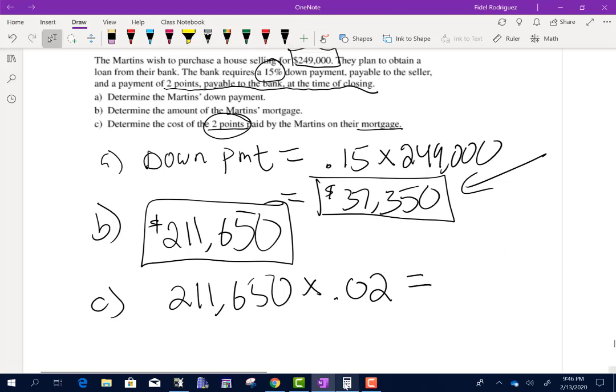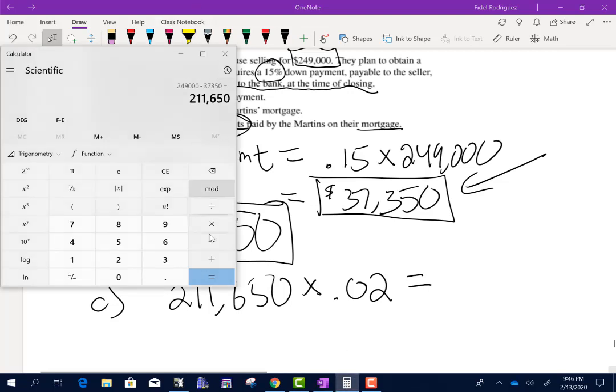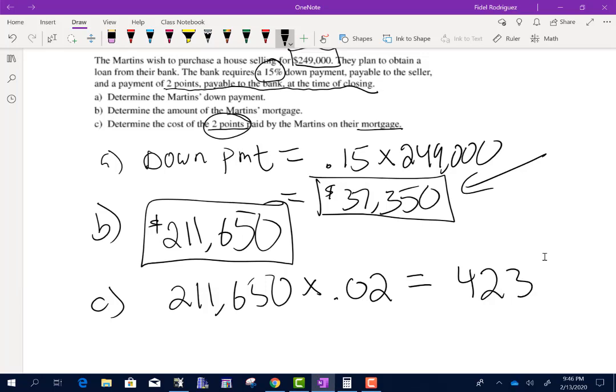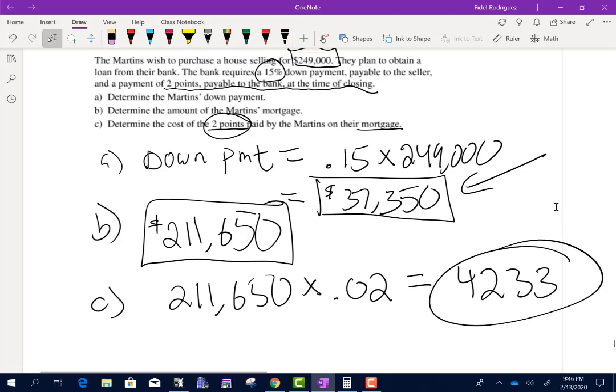So I'm going to grab my calculator. That number that I have there, I'm going to multiply it by 0.02. And so they need to also come up with another $4,233. Okay. And that's the cost of their 2 points.